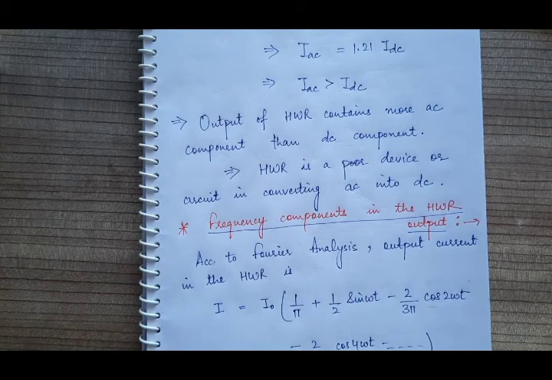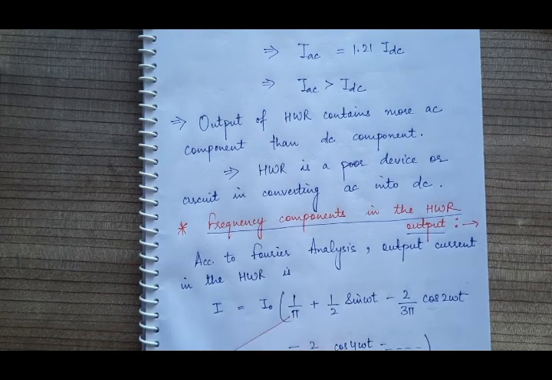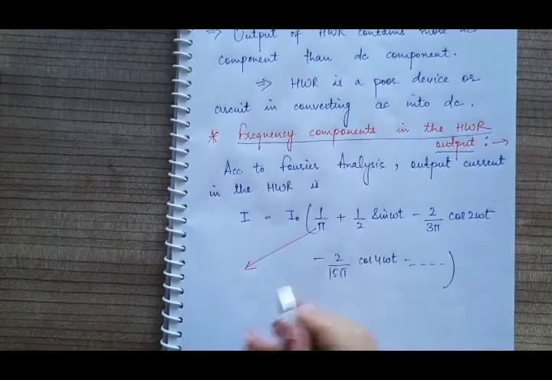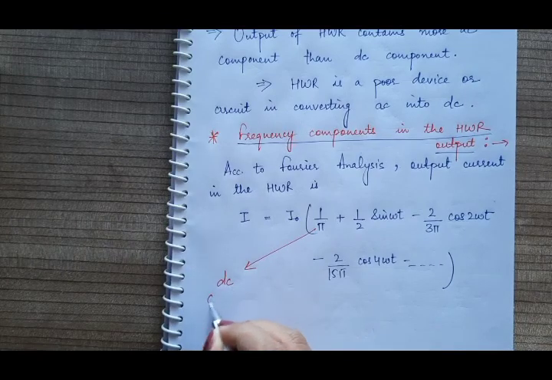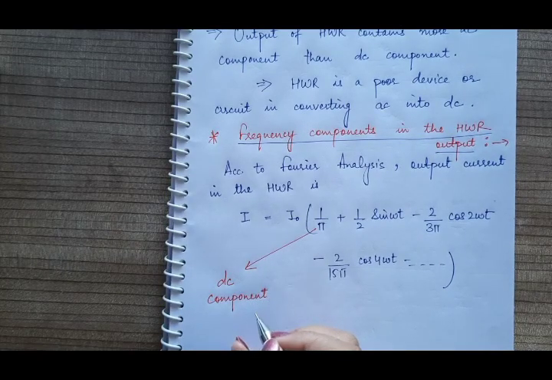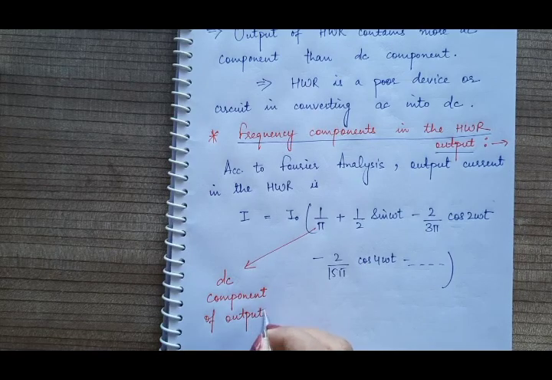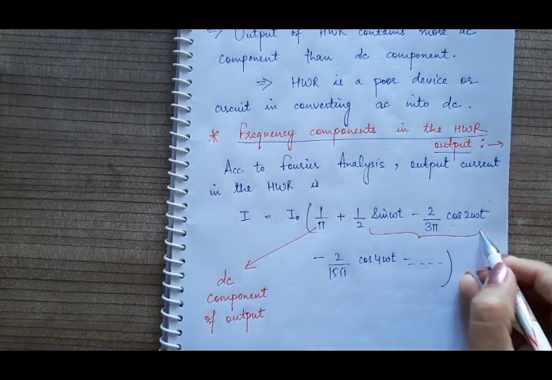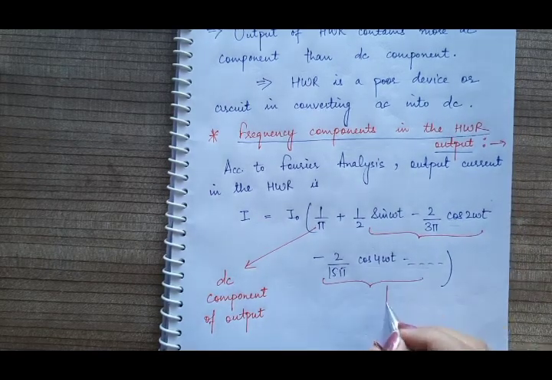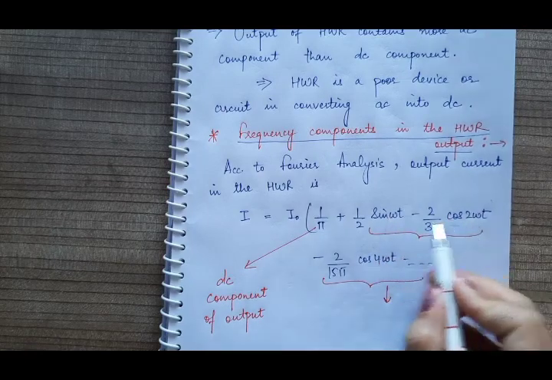So this first component is the DC component, which is the only required component of the output current, and all these are AC components because they have frequency.